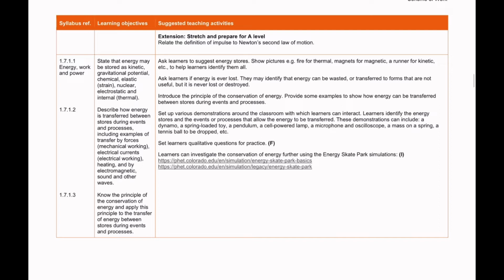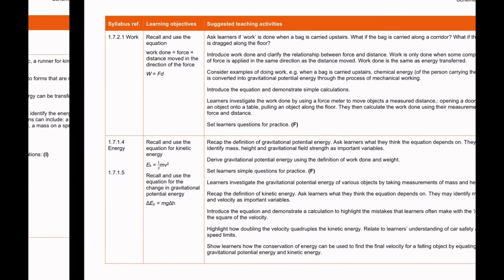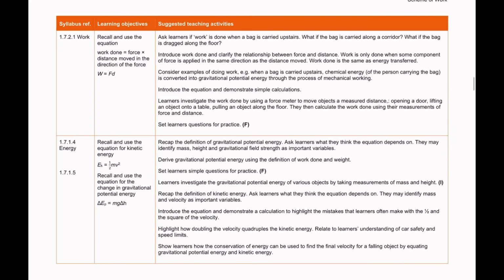Describe how energy is transferred between stores during events and processes, including examples of transfer by force, mechanical working, electrical currents, electrical working, heating, and by electromagnetic, sound and other waves. Know the principle of conservation of energy and apply this principle to the transfer of energy between stores during events and processes.